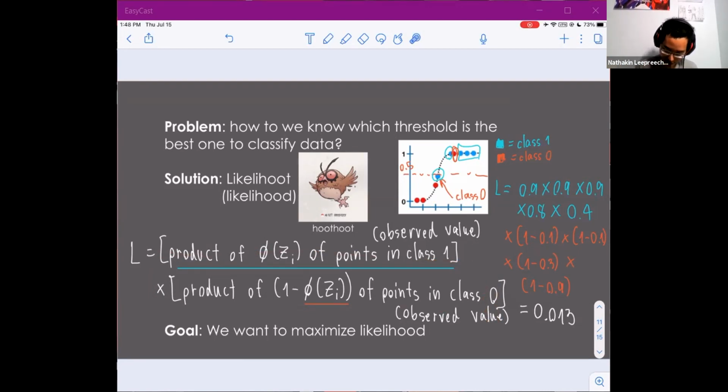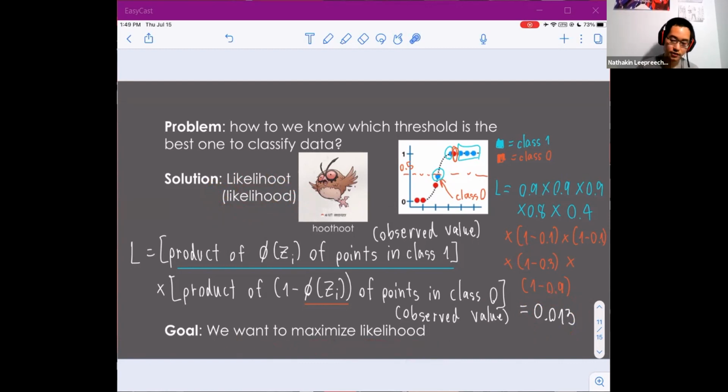So this is going to be our equation. No, it's going to be our likelihood. So this is our likelihood value. This whole thing is the concept of how we can measure whether one threshold works better for likelihood, and our goal is that we want to maximize the likelihood.